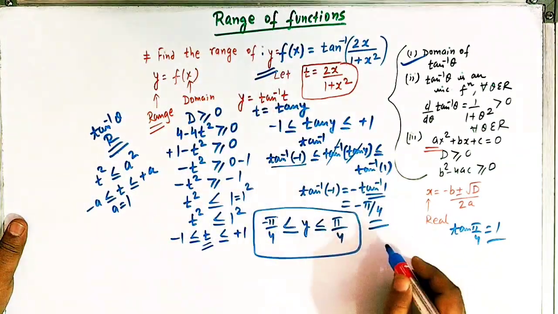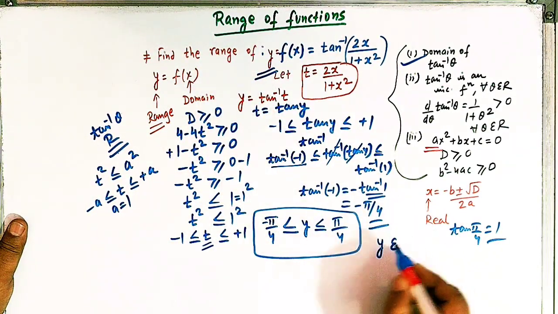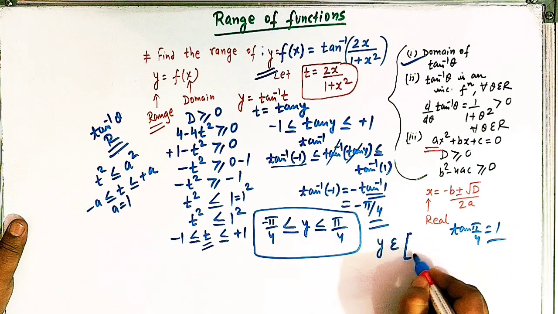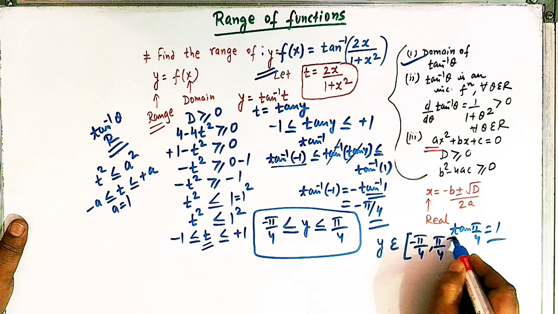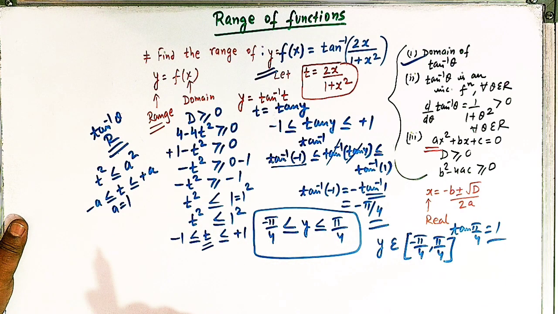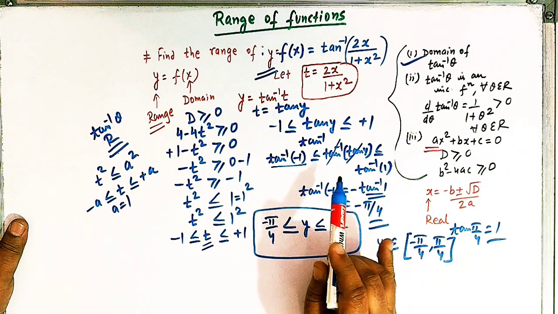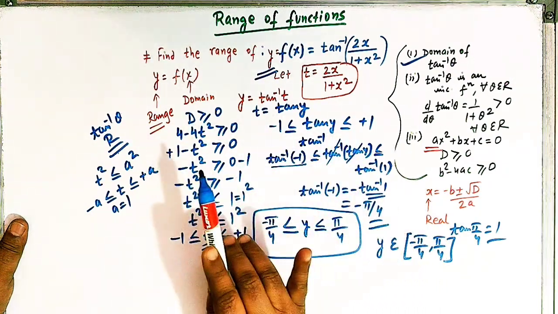So the range of this function is given by this interval, that is from minus pi by 4 to pi by 4, right?